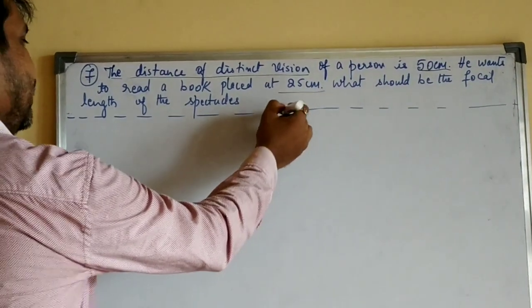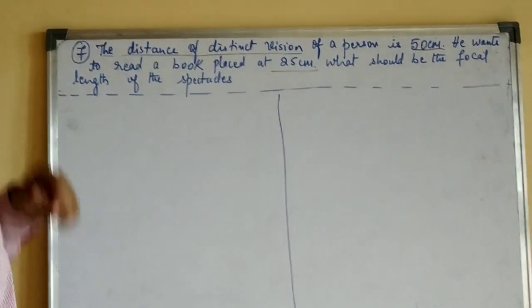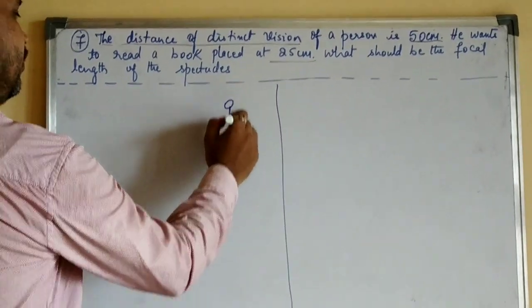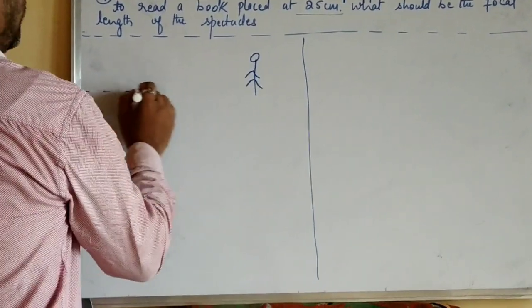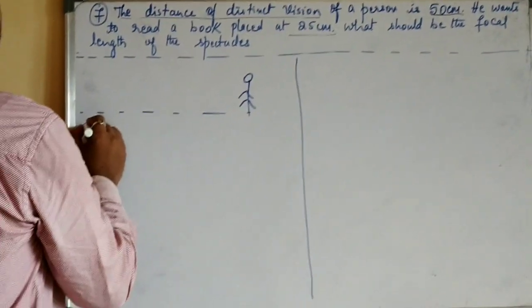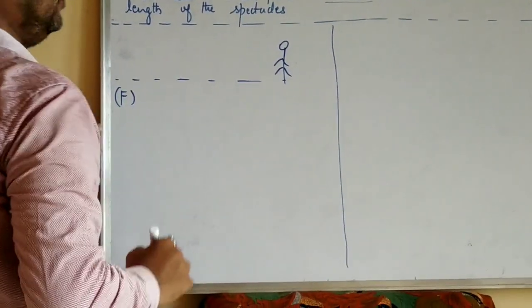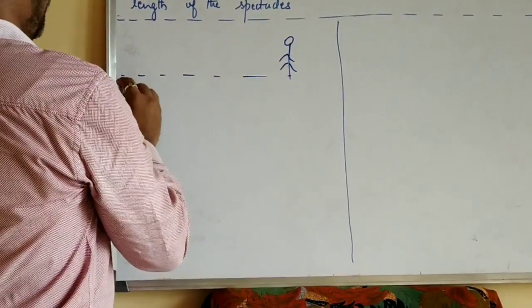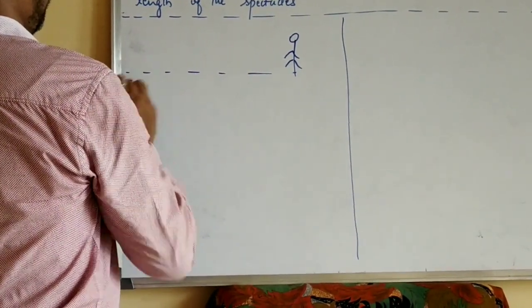Which means the distance of the distinct vision of the person is 50 centimeters. Now here you have a person. Now he is having the distance of distinct vision, means the far point. Sorry, not far point, that is N dash.